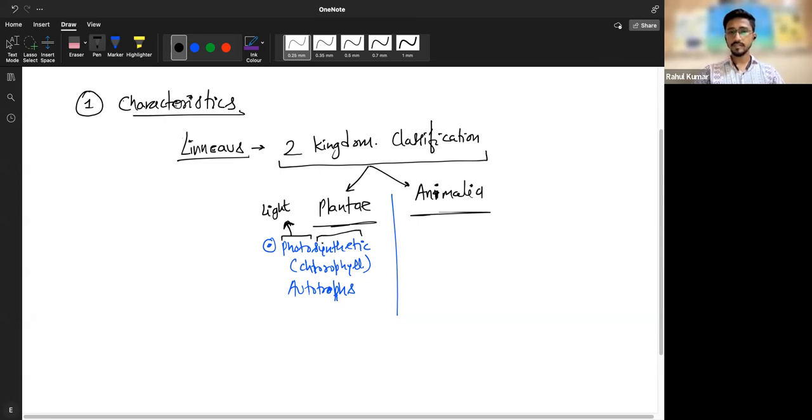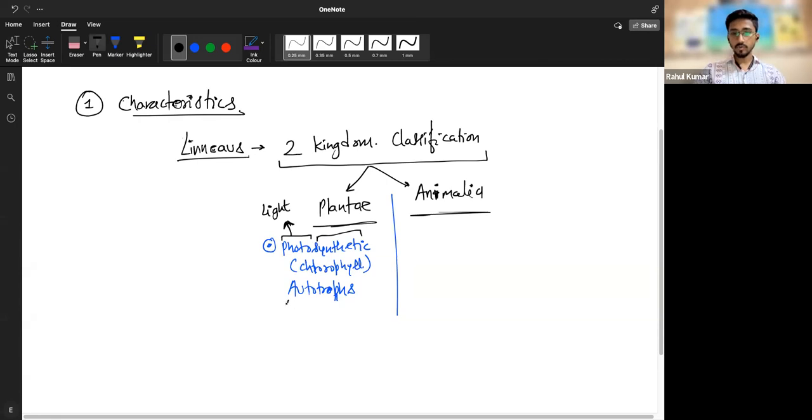So they can do photosynthesis. Synthesis means to produce. Write down. Synthesis is to produce. Okay. So if an organism can produce its own food, its own nutrition, in the presence of sunlight, by using sunlight, those organisms are called photosynthetic organisms, and they are plants.